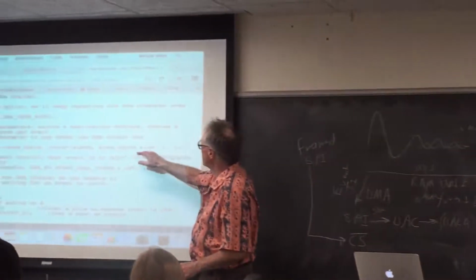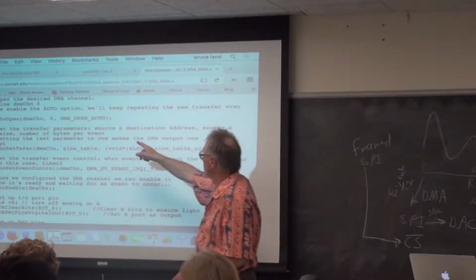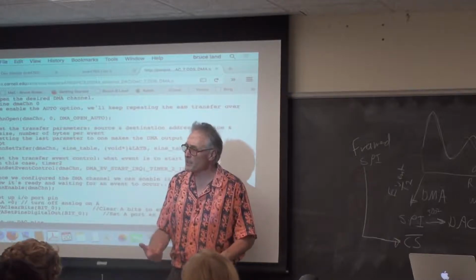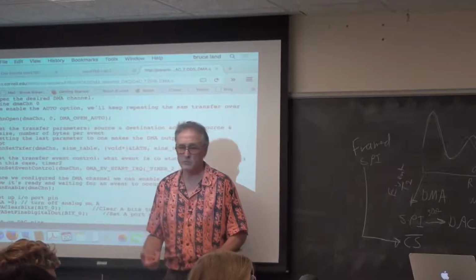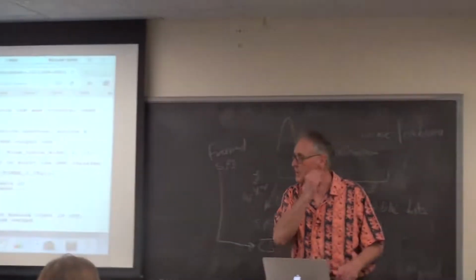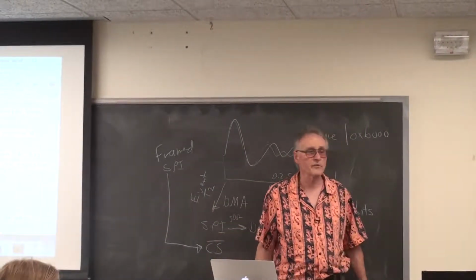So you may or may not want to put the system in auto mode depending on whether you want to do multiple passes through the table or one pass through the table. And that is going to depend on what you want to synthesize, what your sound effect is going to be.